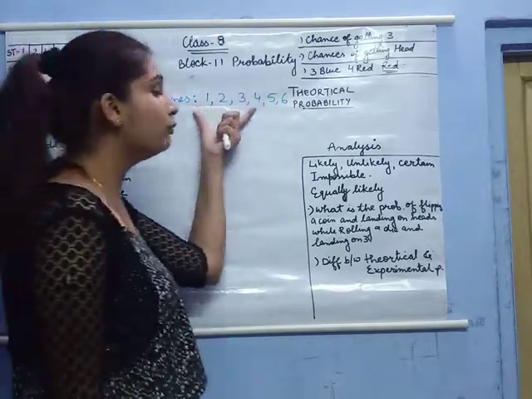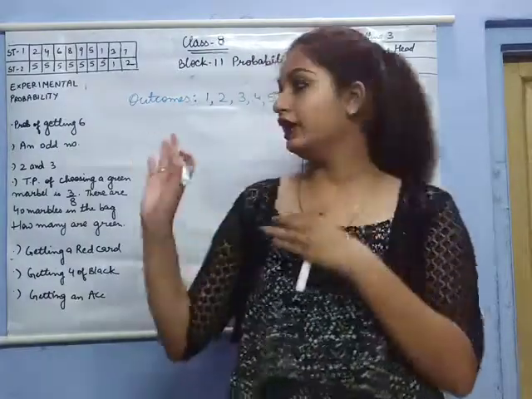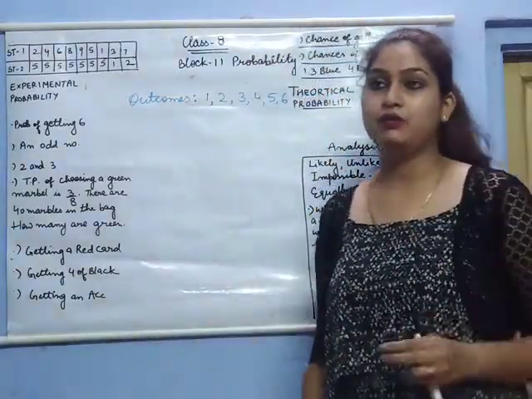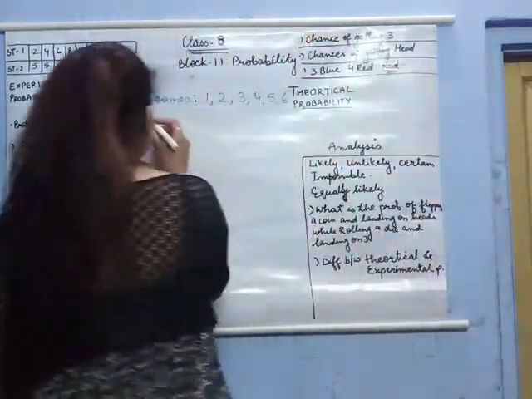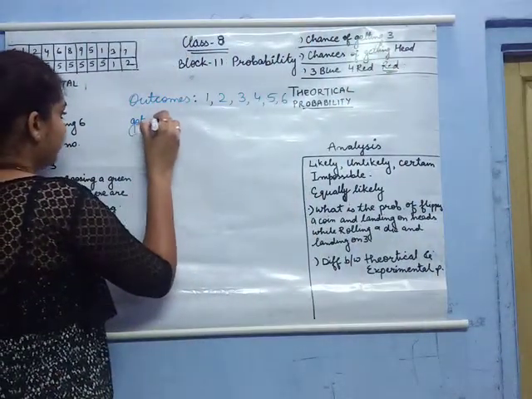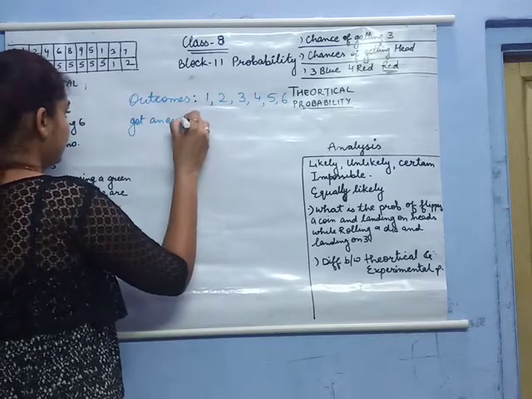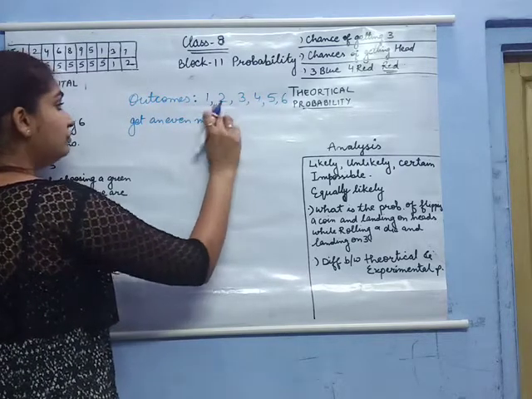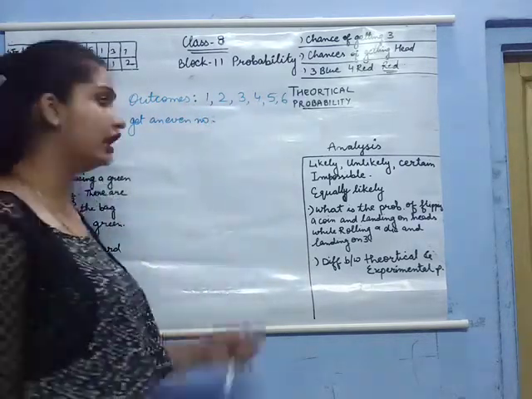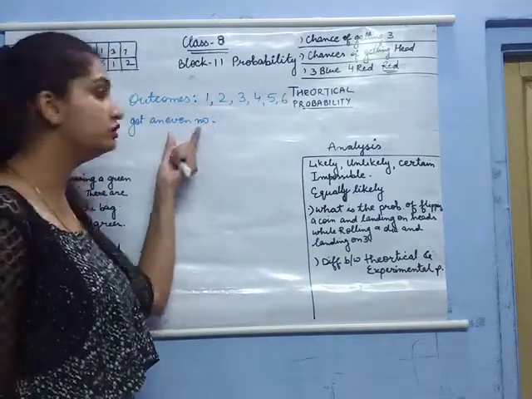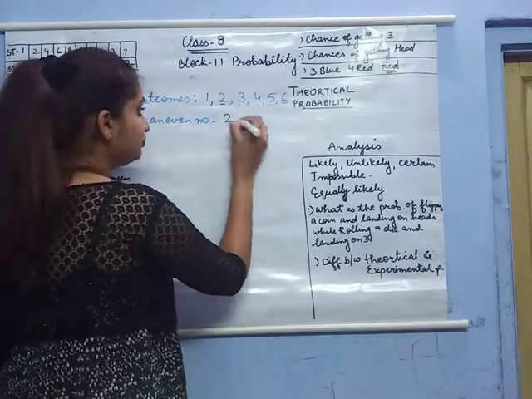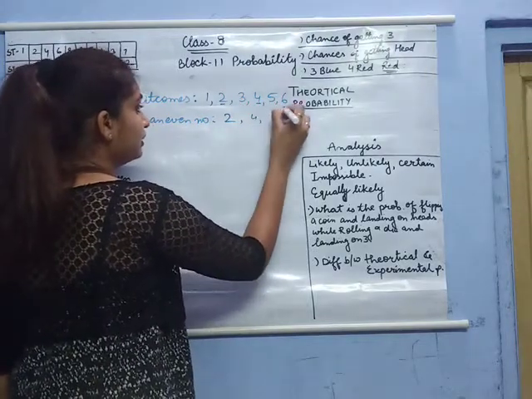Now if I ask what is the probability of getting an even number, out of these outcomes, how many are favorable to this event? 2, 4, 6.